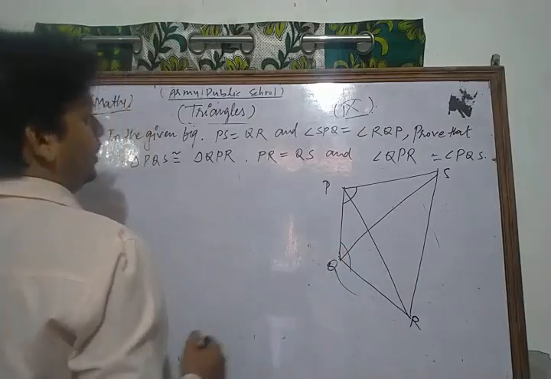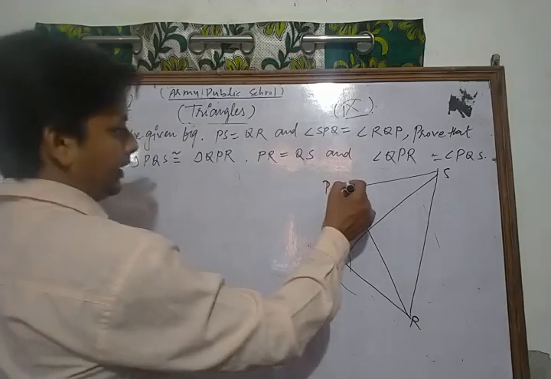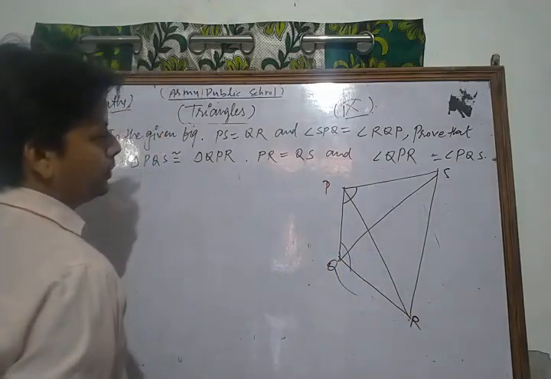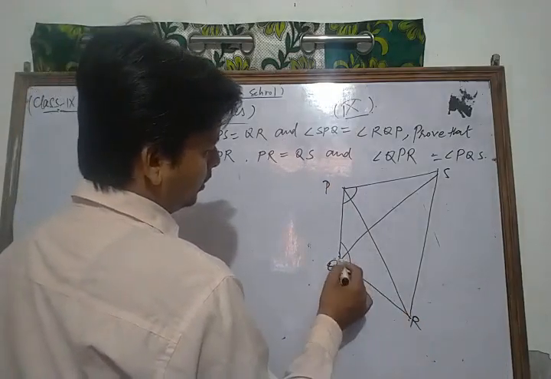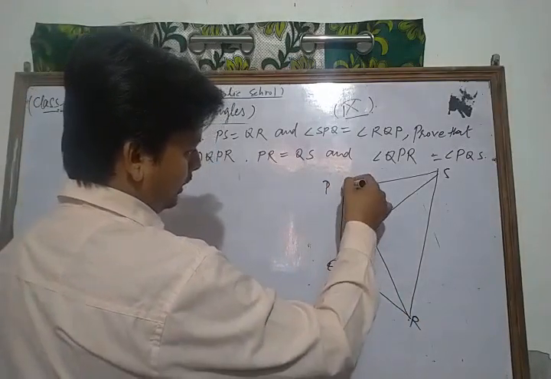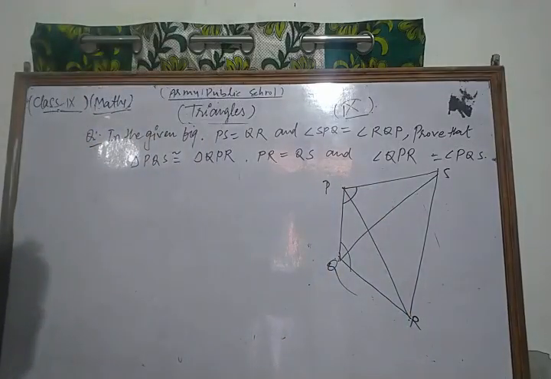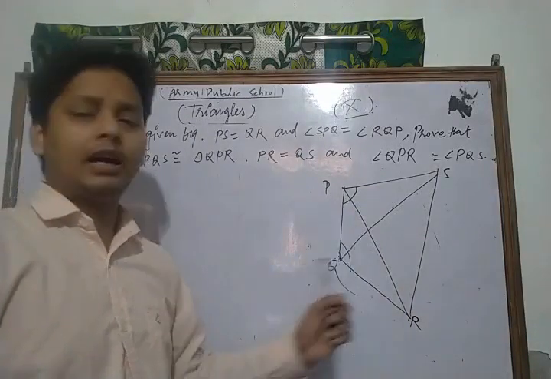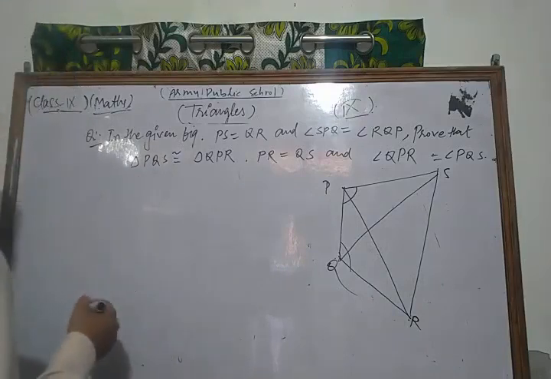Now look, here we have to show that triangle PQS is congruent to triangle QPR, where we take angle PQS and angle QPR. Okay, this is your question. Now let's see its solution.